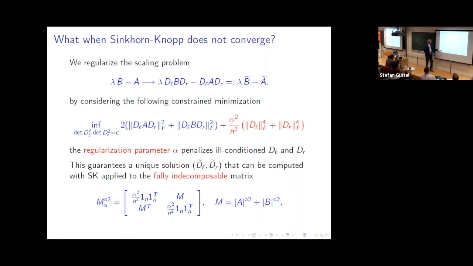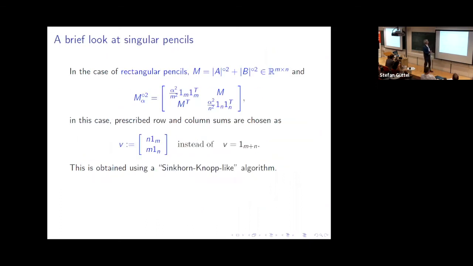Not only that, because of this link, we could also look at singular pencils. Singular pencils are pencils which are rectangular or square and have a determinant which is 0. And then the eigenvalue problem is a bit more delicate, but you can still do scaling. It turns out that this regularized matrix will now be non-square. You can apply the diagonal scaling to that.